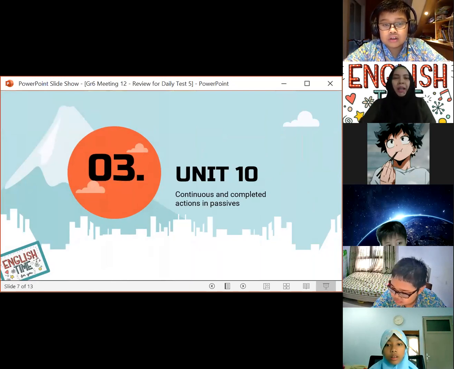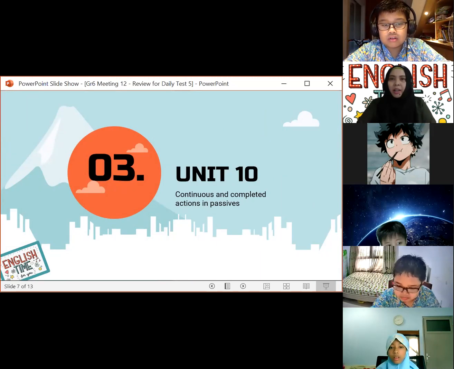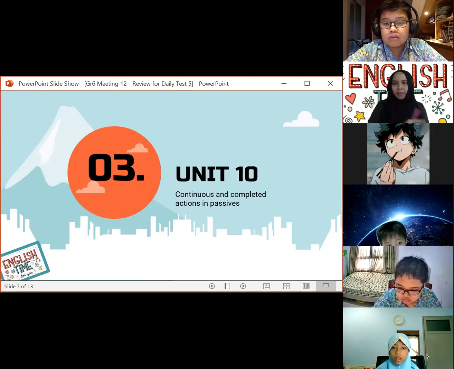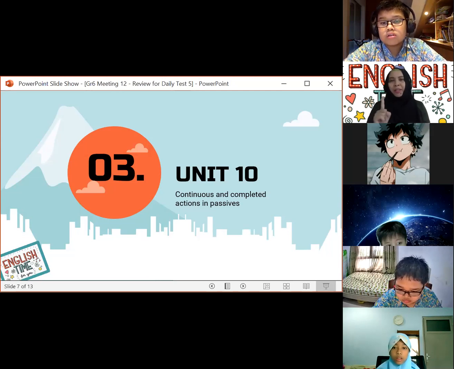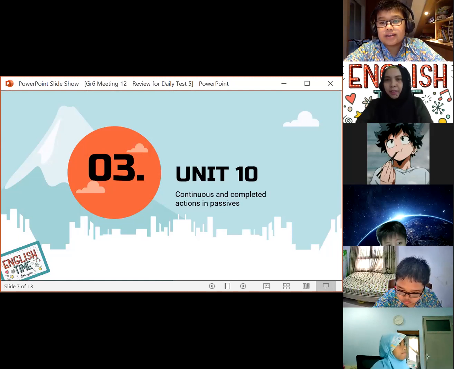Unit 10 is about continuous and completed actions in passives. Okay, when you are changing active sentences into passive sentences, what is the first thing that you must do? Look at the object, not the subject.